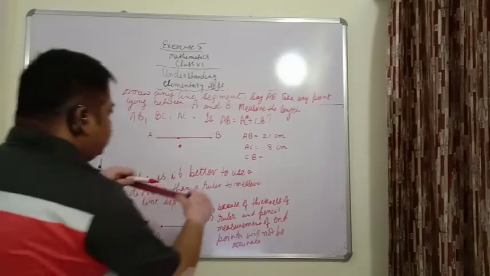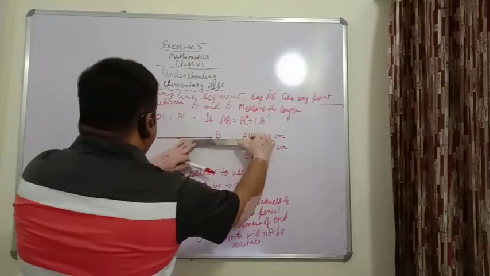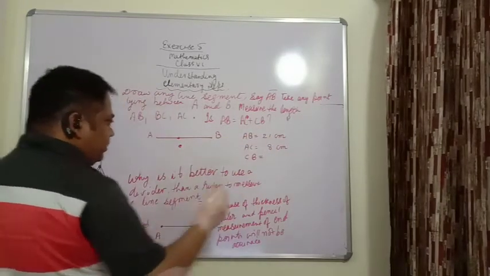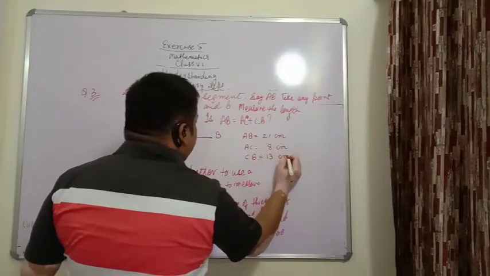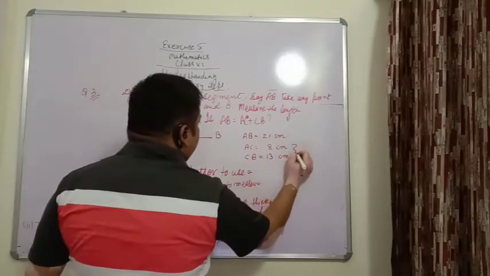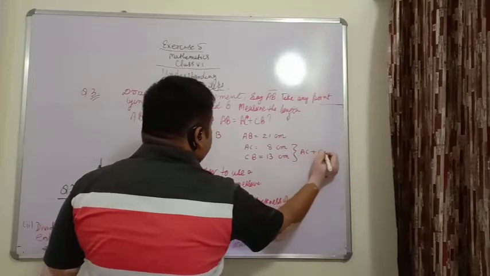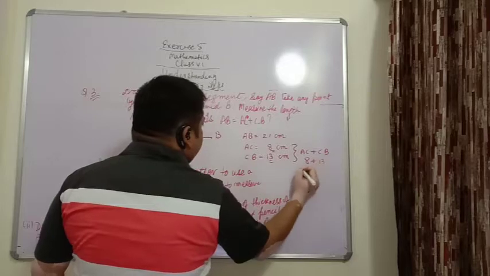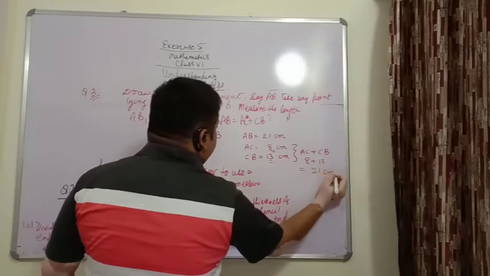So if we measure this, it is coming out to be 13 centimeter. Now we have to see AC plus CB. AC plus CB, that means 8 plus 13 is equal to 21 centimeter.